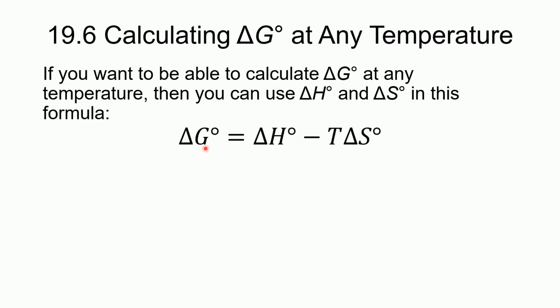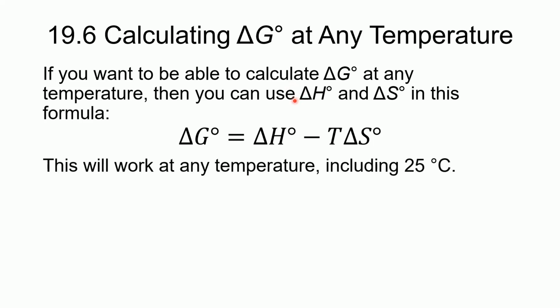Delta G standard is equal to delta H standard minus T delta S standard. This will work at any temperature, including 298 or 25 degrees Celsius, but it will work at temperatures other than 298 as well.